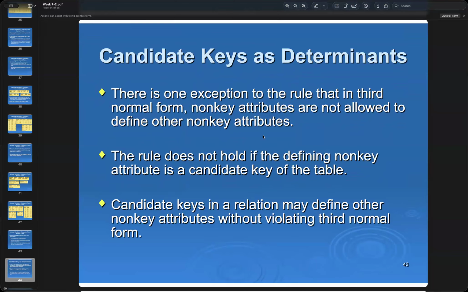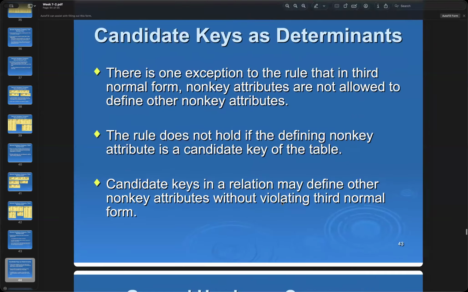The rule does not hold if the defining non-key attribute is a candidate key of the table. So it's okay. Those are candidate keys, so in a relationship, that means the table may define other non-key attributes without violating the third normal form.